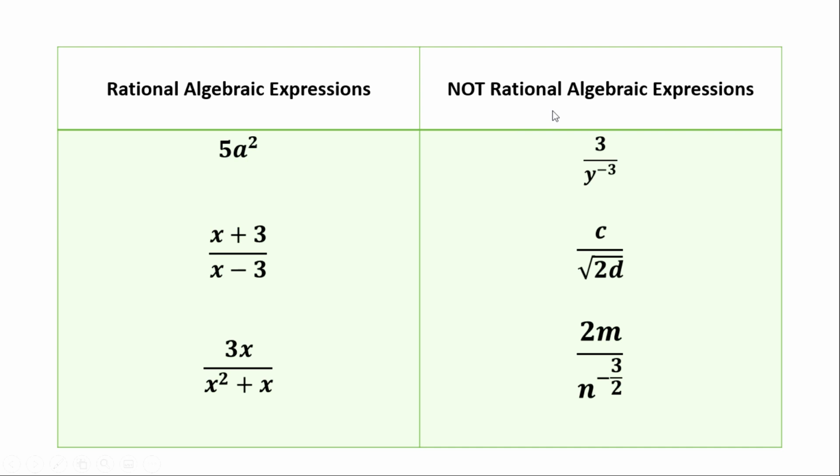Examples for not rational algebraic expressions are 3 over y raised to -3 because we have here negative exponent, c over square root of 2d because we have here the radical sign, 2m over n raised to -3/2 because we have here the exponent -3/2. Kaya siya naging not rational algebraic expression.